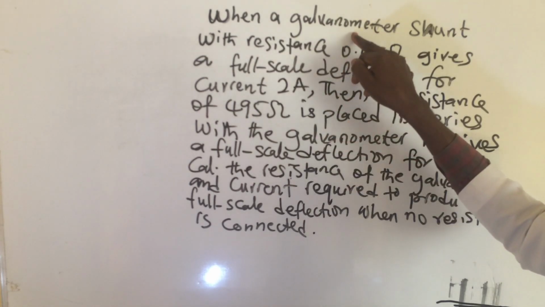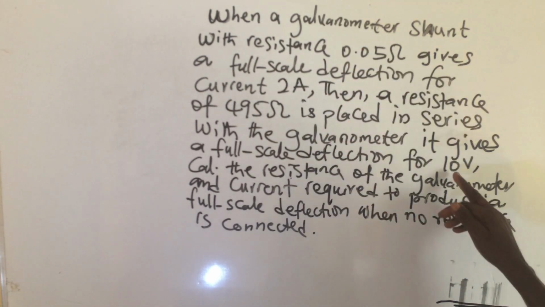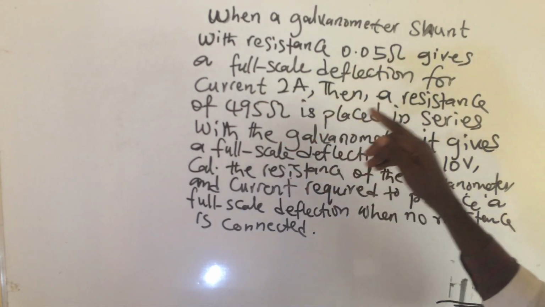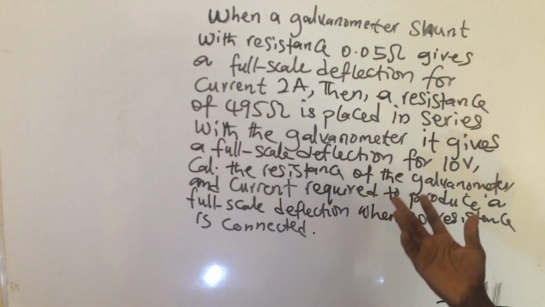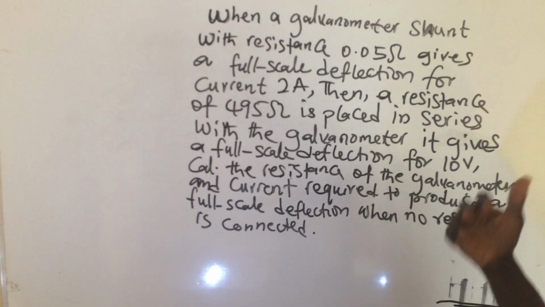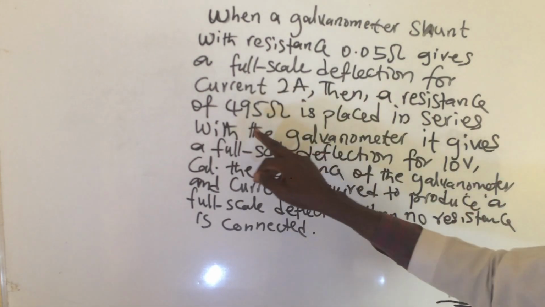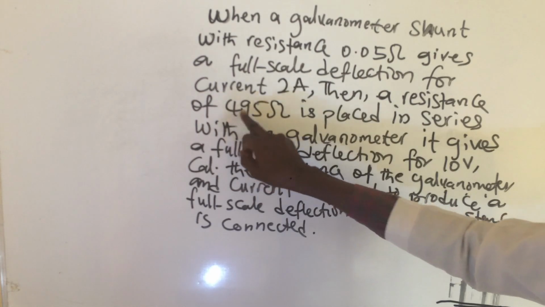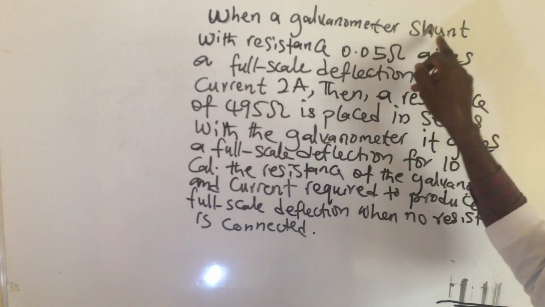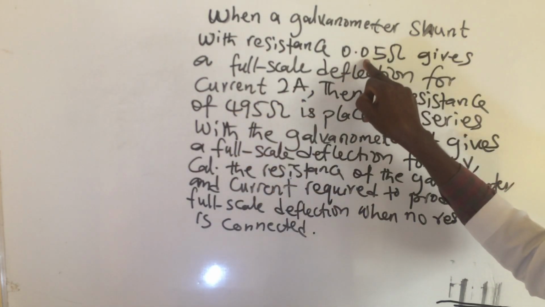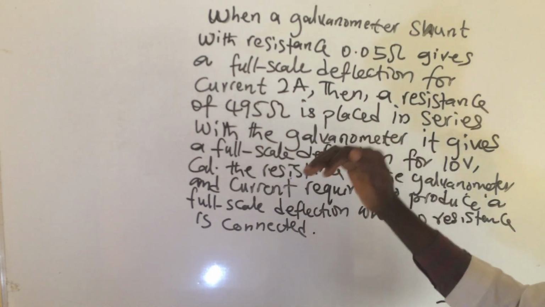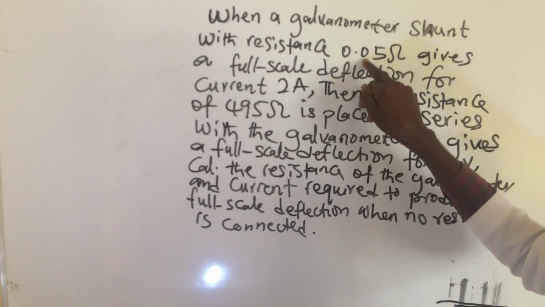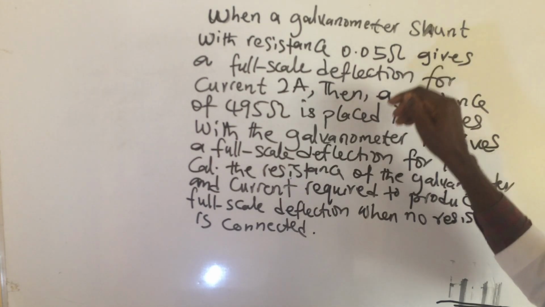Then the same galvanometer is also converted to a voltmeter by connecting another resistance called the multiplier. Please check the previous question. We connect it in series. It is a very big resistance, 495 ohms. The shunt used to be small, the multiplier used to be big. Whenever you want to convert a galvanometer to an ammeter, you put a small resistance, which is the shunt, in parallel.